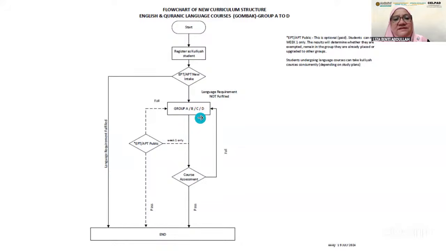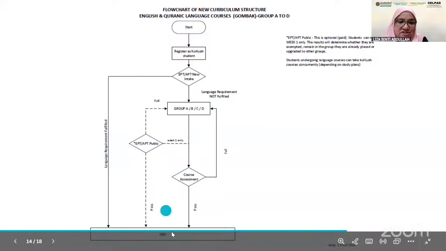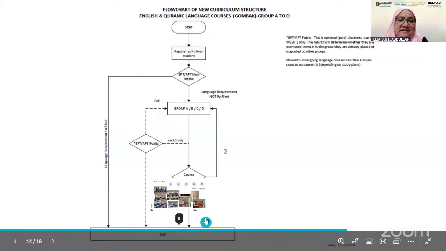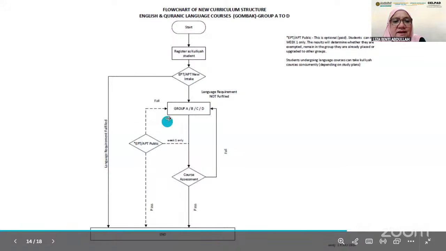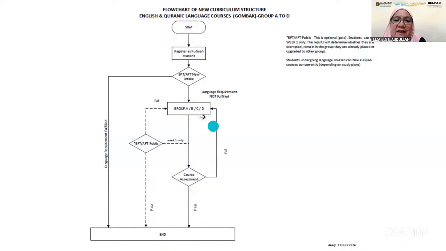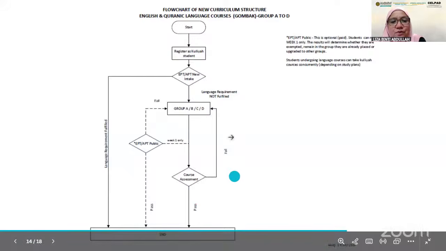After the semester ends, after course assessment and all, if you pass and finish, it ends here. But if you don't pass, if we put here fail, then you have to repeat and do it again.